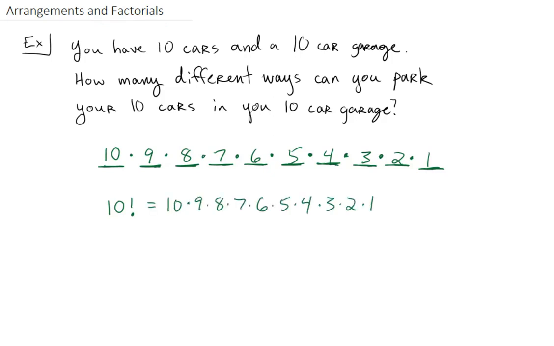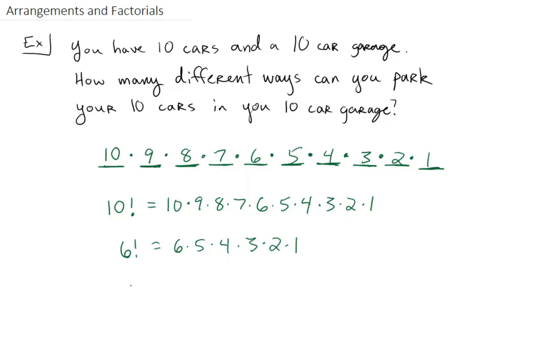So as you can see, it actually saves a lot of writing. And we use this for any number, so like if you have 6 factorial, that means 6 times 5 times 4 times 3 times 2 times 1, and so on. Factorials are only used for your whole numbers, so 0, 1, 2, 3, 4, and on. To have a factorial of a decimal place doesn't make sense. To have a factorial of a negative number doesn't make sense.